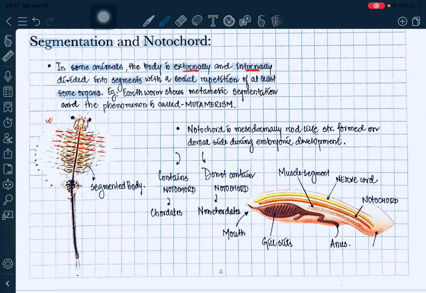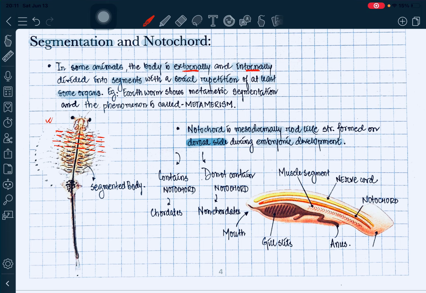And lastly, talking about the notochord. So what is notochord? Notochord is a mesodermal rod-like structure formed on the dorsal side during the embryonic development. If you see this diagram, it shows the notochord very well.